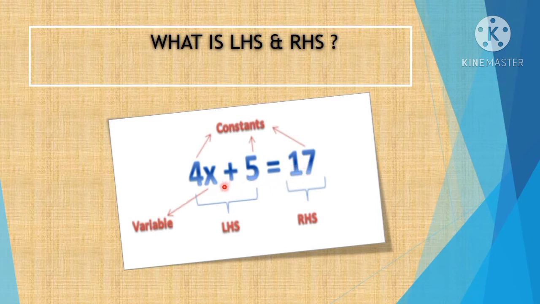That is known as RHS side, that is right hand side. RHS means right hand side. So before the equal to symbol it is known as left hand side. Here identify the left hand side. You know 4x plus 5 is the terms which is present in the left hand side of this equation. And 17 is the right hand side of this equation.